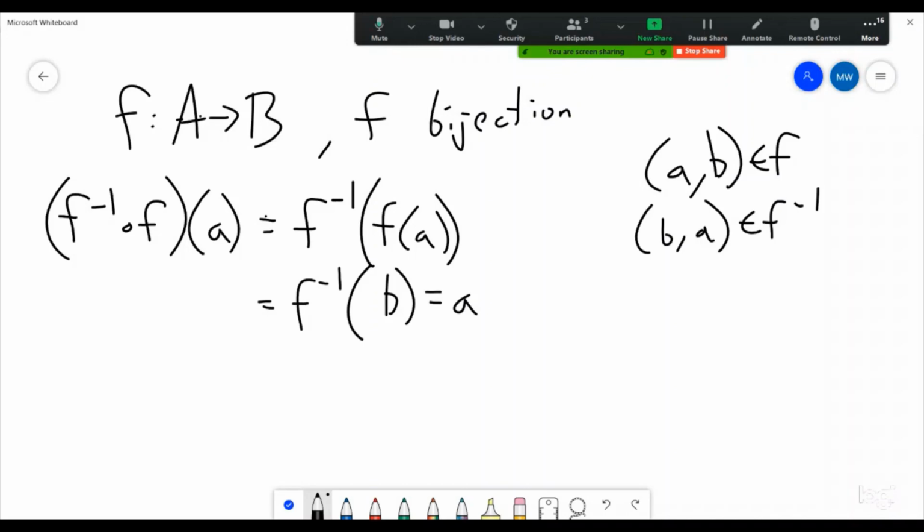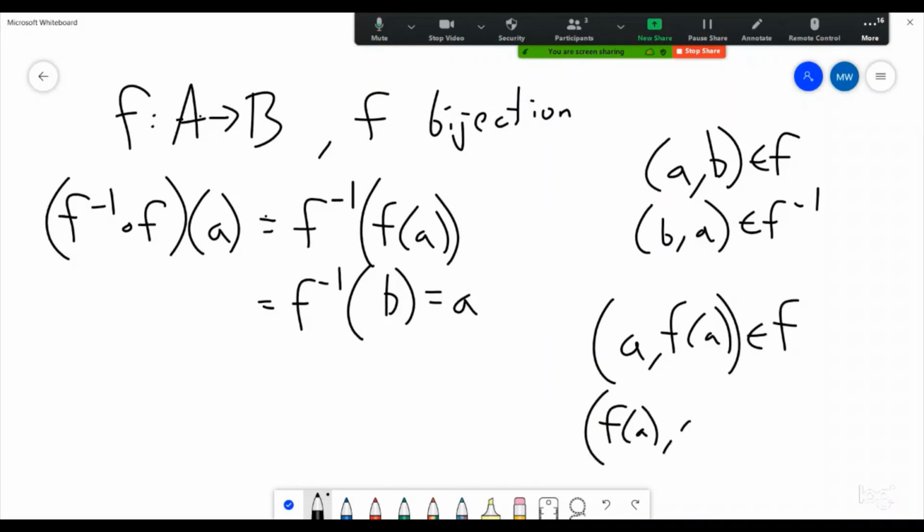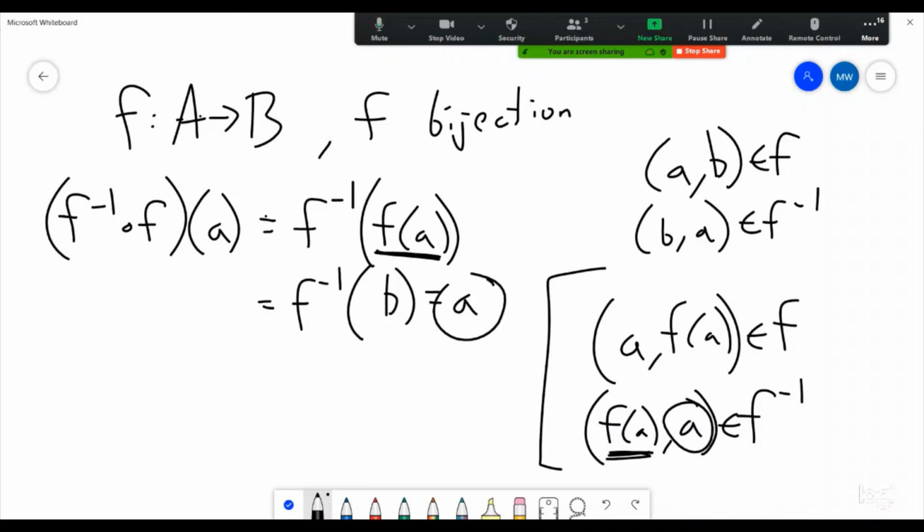The reason for that was we have the pair a comma f of a is an element of f, which means that f of a comma a is an element of f inverse. And so this is the wording that the book uses. So because a comma f of a is in f, f of a comma a is in f inverse. And so we're dealing with f of a goes to what in f inverse? Well, it goes to a, and so that's where we're getting that a out of. And so it's the identity on A.